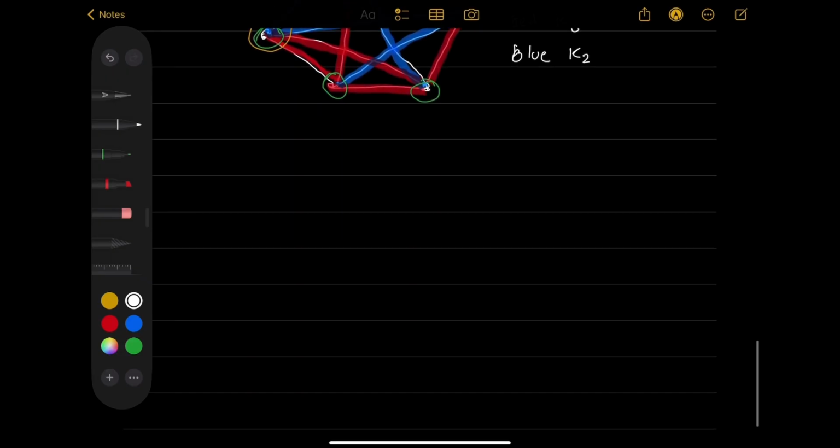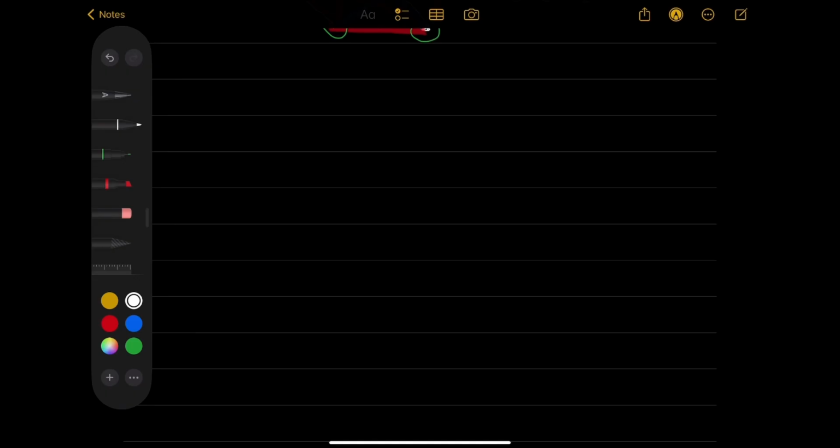Let me give you an example over here. It is well known that R(3,3) equals 6. What does that mean?